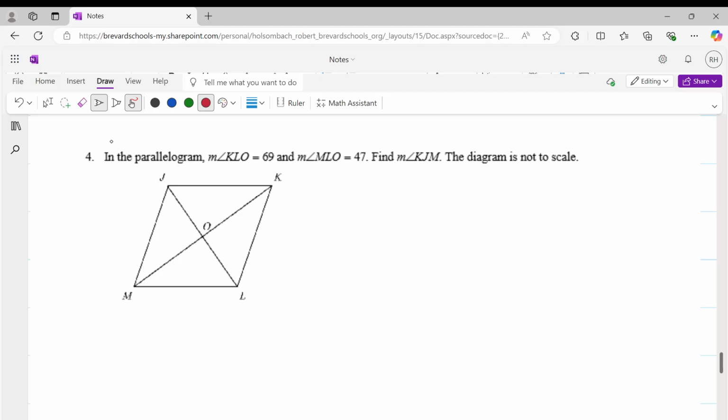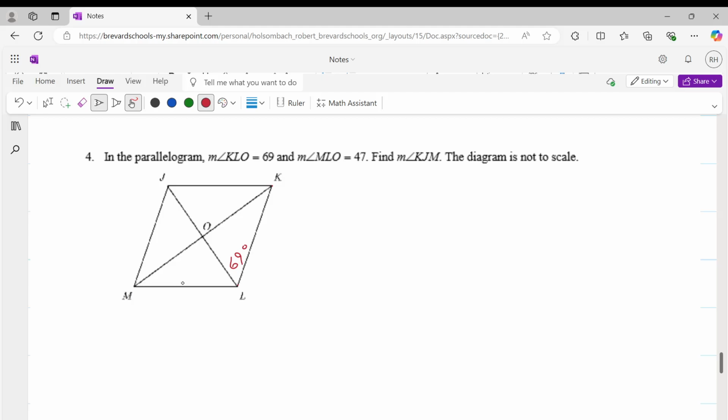In problem number 4, in the parallelogram, the measure of angle KLO. So if we start at K, go to L, and then to O, we're looking at this angle right here. It's 69 degrees. The measure of angle MLO is 47.